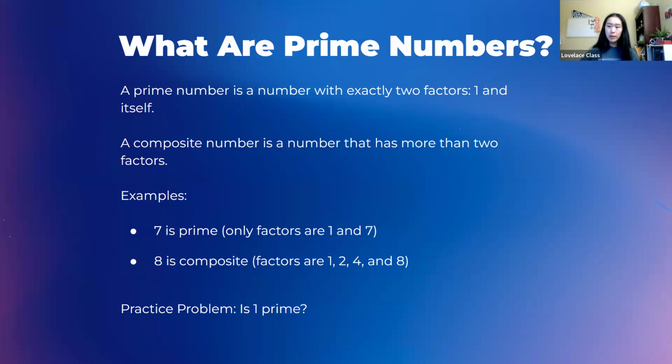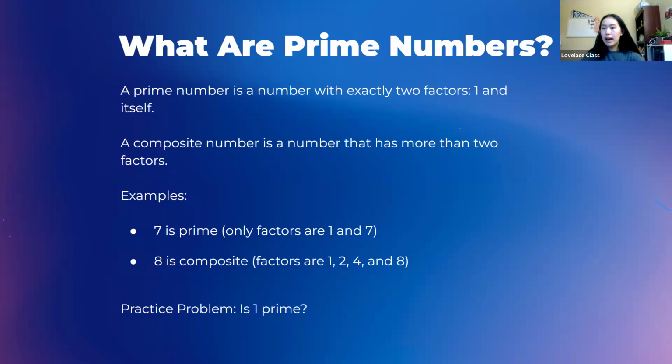So then we have prime numbers. What is a prime number? The strict definition is that a prime number is a number with exactly 2 factors. Only 2 numbers divide it: 1 and itself. There are no other factors. The opposite of a prime number is a composite number, which has more than 2 factors, meaning many numbers can divide into it.